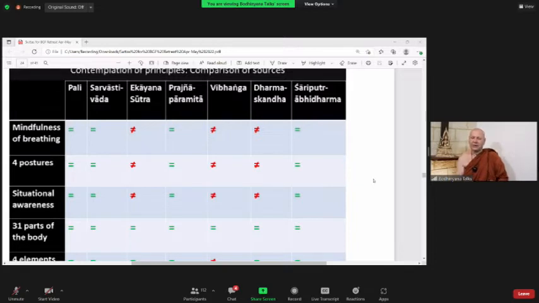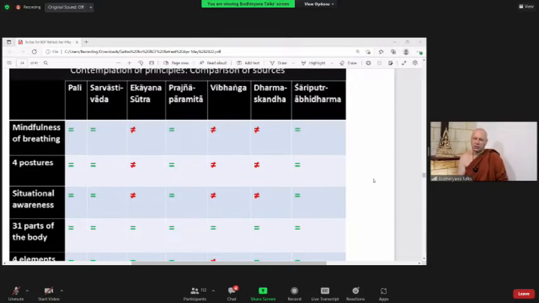And the way that it connects is that if you do mindfulness of breathing, but you have problems moving forward, going deeper in the meditation, one of the things that you have to do is body contemplation to reduce your attachment to the body, the desire for the body, which includes the desire for the 5 senses. So this is one way of helping you to move forward in your mindfulness of breathing. This is why it is there.